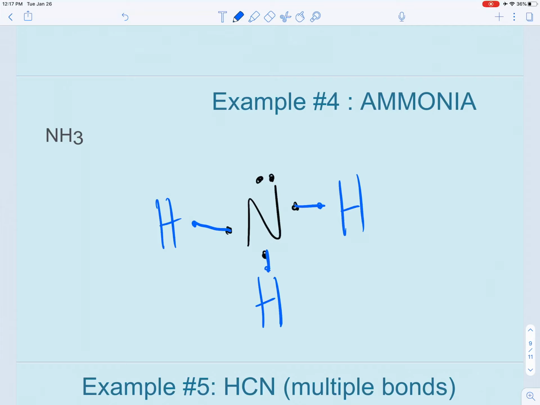There you have it. I've got my ammonia molecule. We can count to make sure every atom is happy, and we see that every atom has a full shell here. Whoops, meant to highlight that. So 2, 4, 6, 8, nitrogen is happy, and each hydrogen is happy with 2 valence electrons.